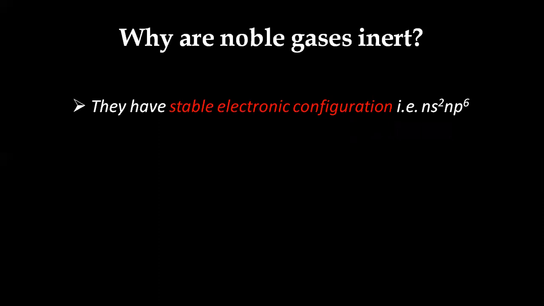Why would they react? Any system reacts because it has fewer electrons and is not stable, so it wants to go for a fully filled configuration. Because of that, it either gains, loses, or shares electrons, depending on the system.